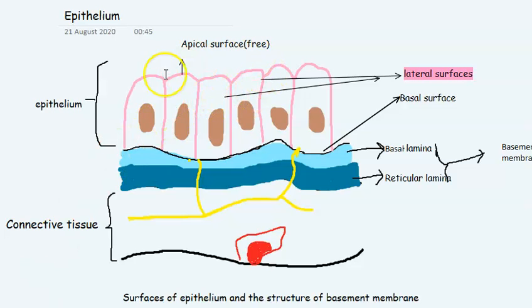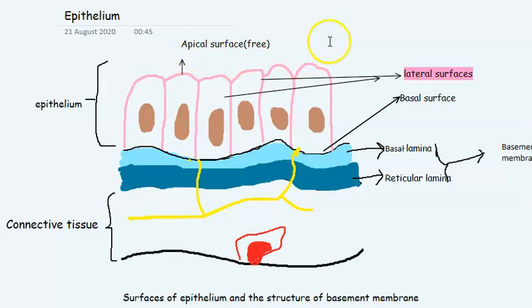This is a diagrammatic representation of epithelium, which is consisting of epithelial cells which are tightly arranged to form the epithelium. And it has got three surfaces: apical surface or free surface, which faces the body surface, a body cavity, or the lumen of the internal organ.